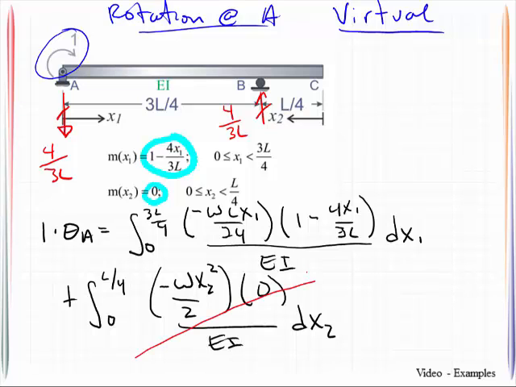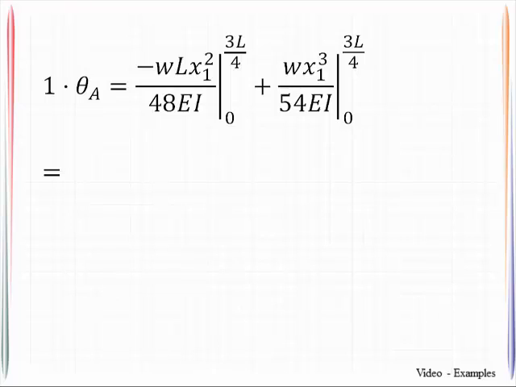Quick observation will tell us that this portion of the integral will go to 0. And so when I multiply out this numerator right here, I will get 2 terms up in that numerator, and that's what we're going to see here in this particular evaluation. Okay, so both of these are being evaluated from 0 to 3L over 4.